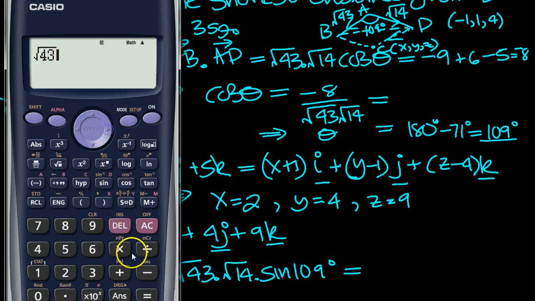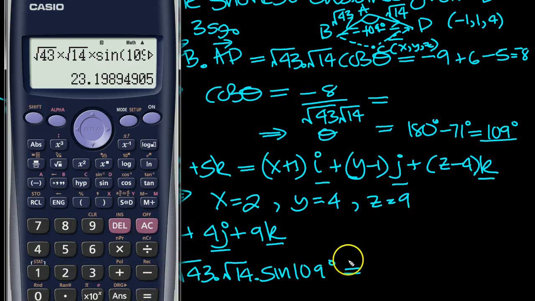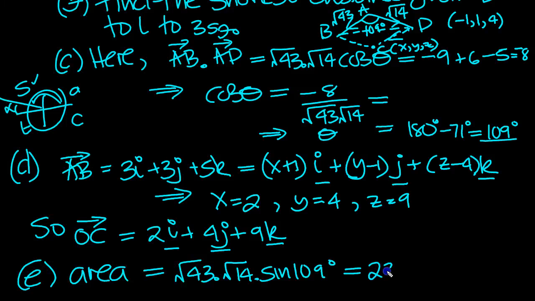So root 43 times root 14 outside the square root times sine of 109 degrees, close bracket, equals 23.2, isn't it? 23.2 units squared, because it's an area, and that was to 3 significant figures.